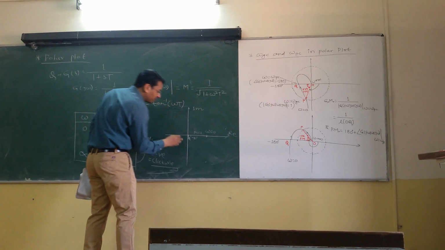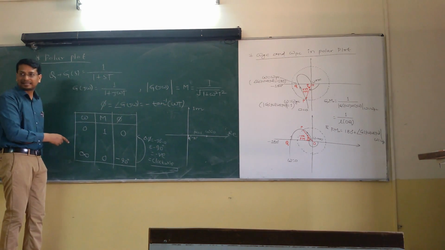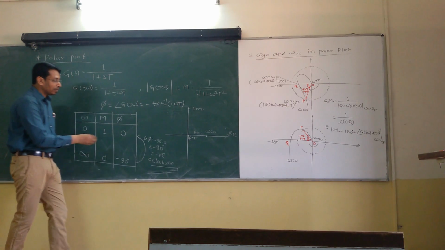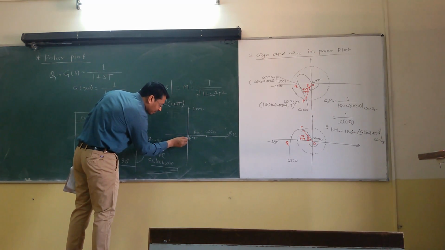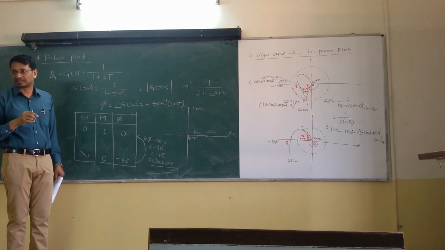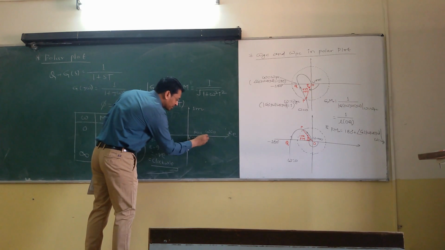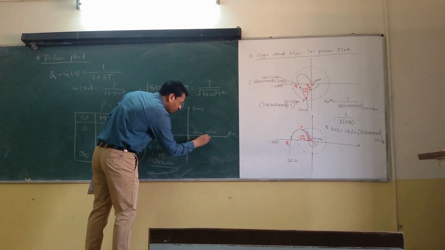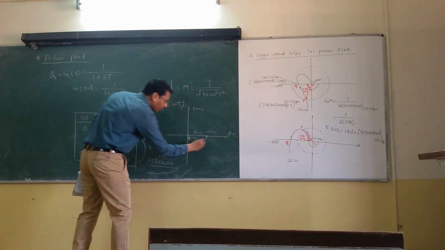So in the vicinity of these points, meaning omega somewhat less than infinity, you will get some magnitude which is not 0, and some angle which is closer to minus 90 degree, but not exactly minus 90 degree. Once again, this curve is going to start from omega equal to 0, and it is going to move clockwise.